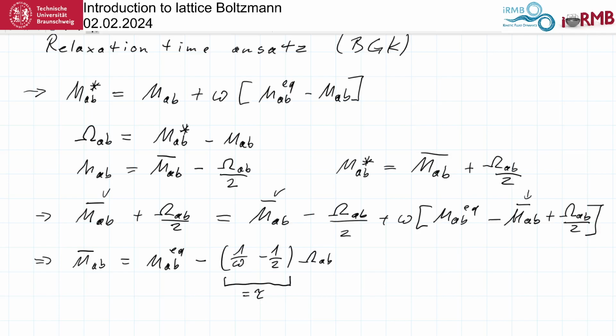The mean free time between collisions, this tau, is actually 1 over omega minus 1/2. So you need to have this minus 1/2 in it to have the physically correct definition of the mean free time between collisions, even though it's sometimes used differently.